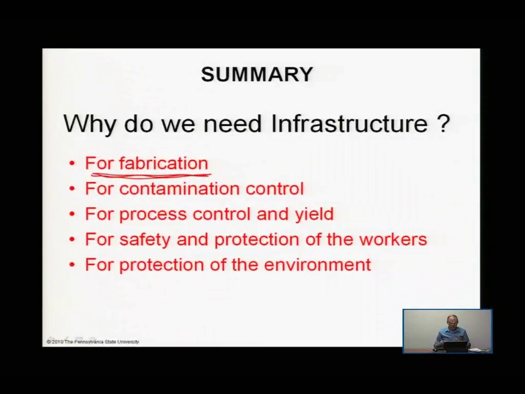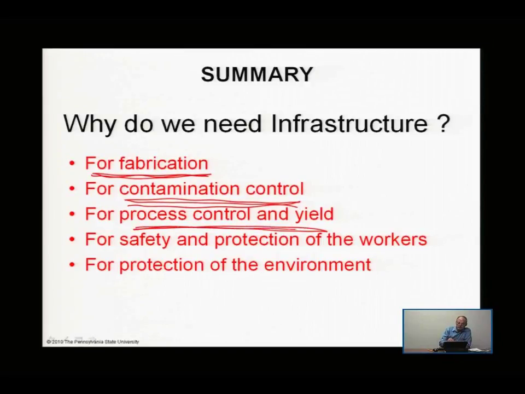We need some place dedicated to that. So that's obviously a very basic reason why we need infrastructure. But less obviously, we need it for contamination control. This is crucial. And we also need it for process control and yield.